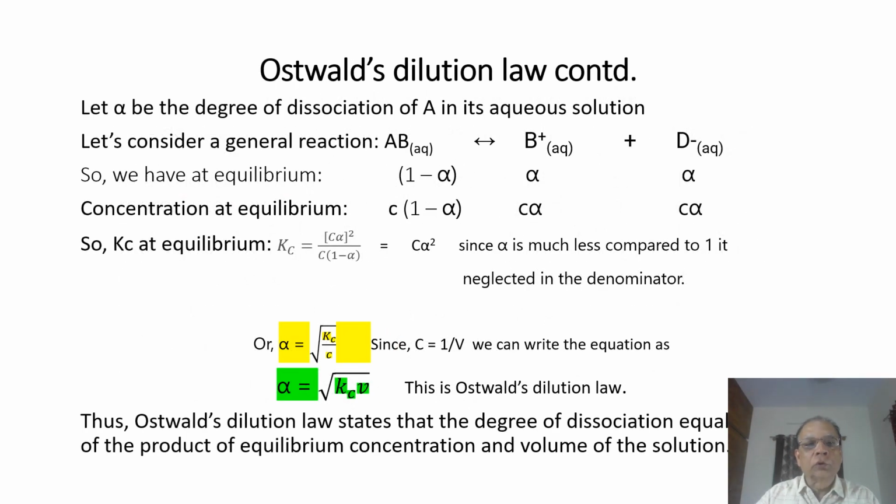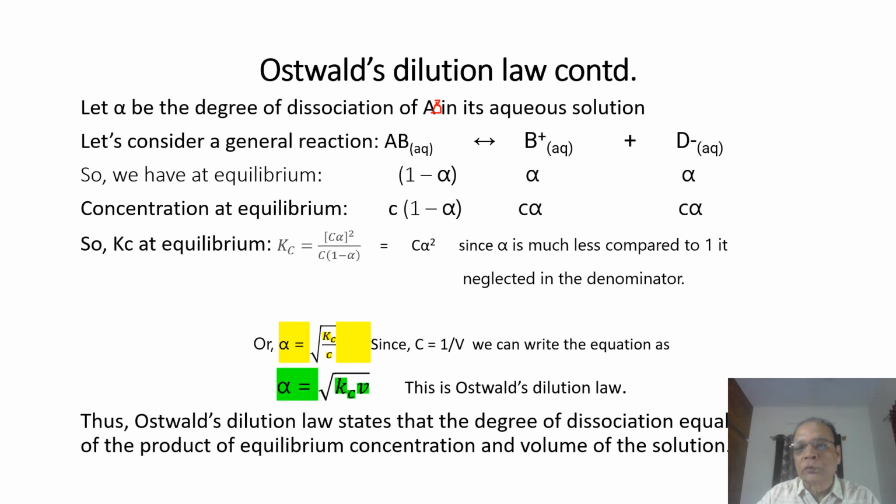We continue with Ostwald's dilution law. Let alpha be the degree of dissociation of AB in its aqueous solution. This is AB, and the general equation is given as AB aqueous, reversible, A plus and B minus.